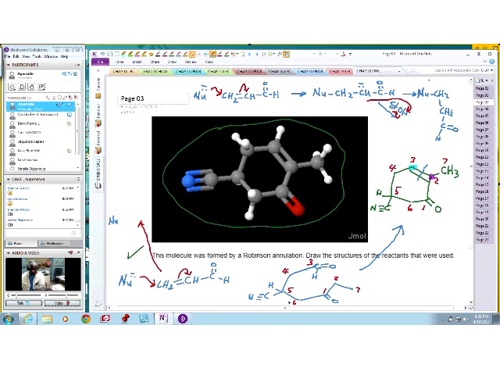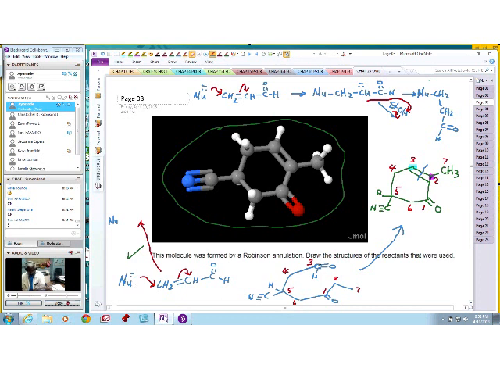No, not the CN. For the nucleophilic carbon, you have to have the enolate anion. Okay, let me ask you another question.